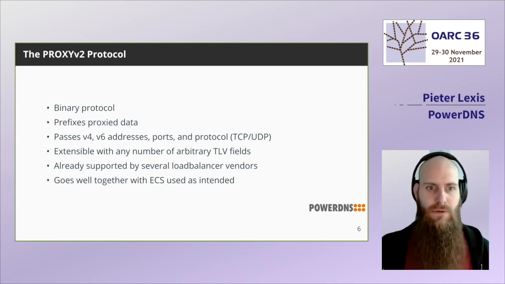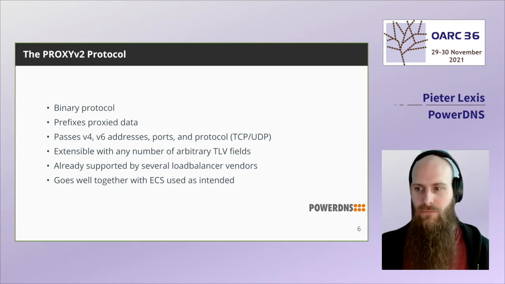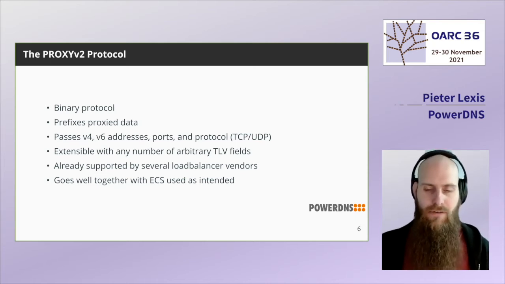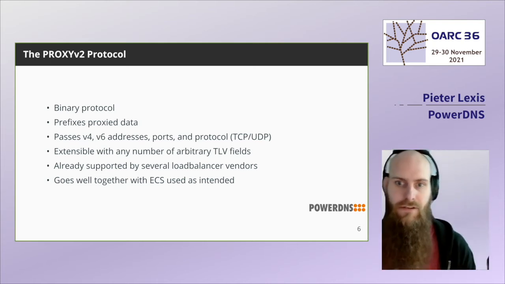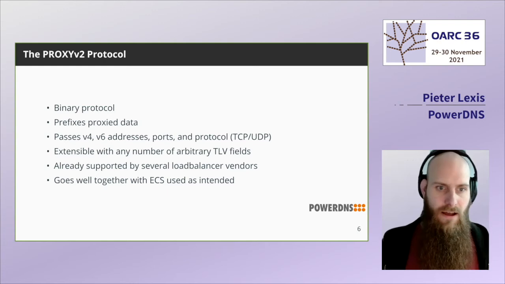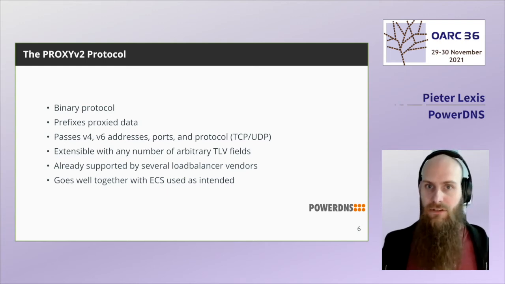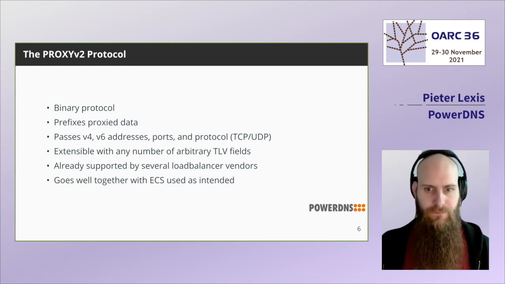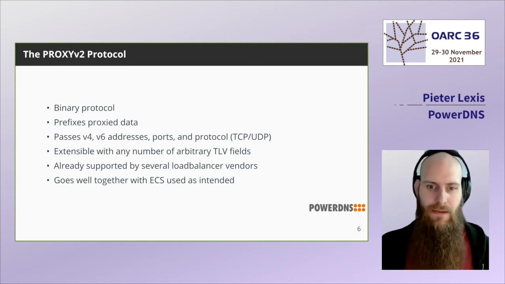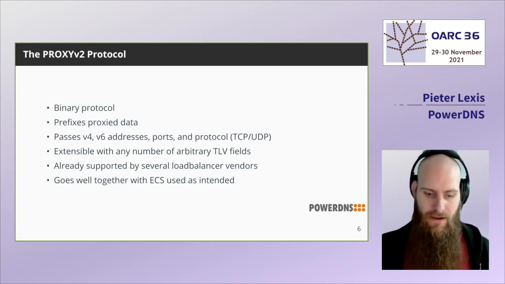It is extensible using any tag length value fields, for instance, to pass the DoH path or to pass TLS information from the client. Many load balancers already support this protocol. And of course, it goes very well together with EDNS client subnet in the original packet, because there is no modification of DNS packets by the intermediate proxy.